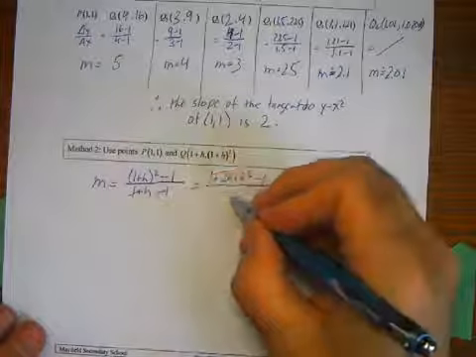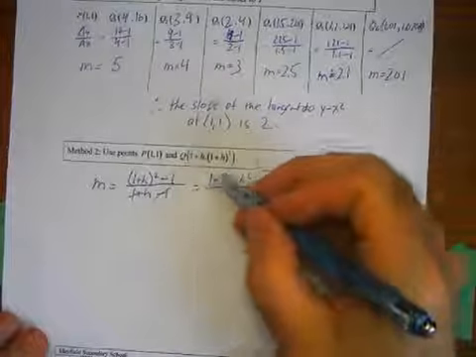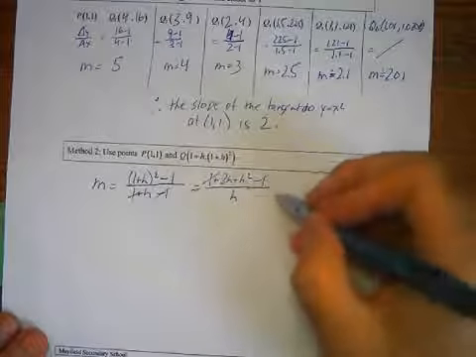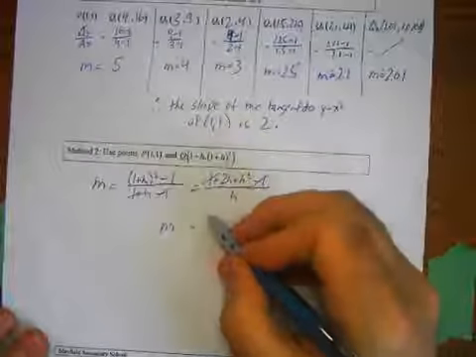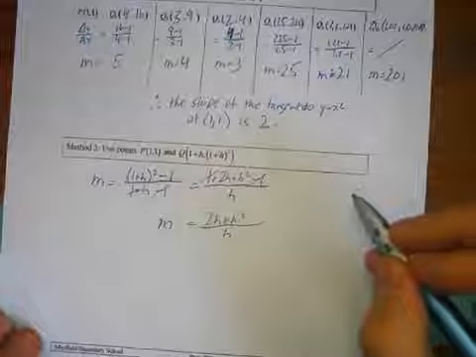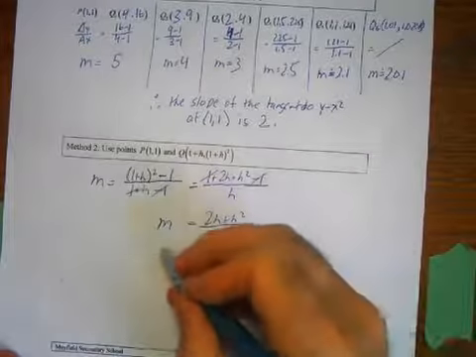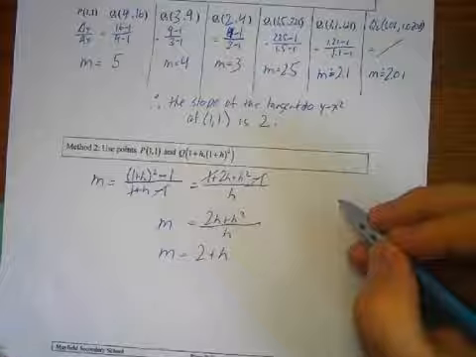And on the top I also have a 1 minus 1, they cancel each other out, and I'm going to have 2h plus h squared over h. I now divide out by h, and I get 2 plus h. So I've got a formula for the slope based on the value of h.